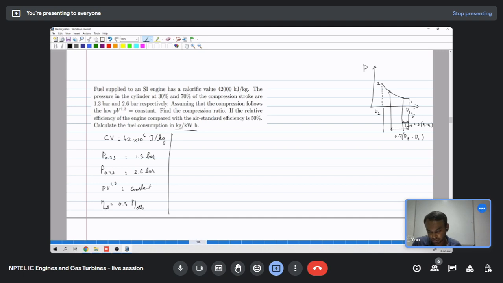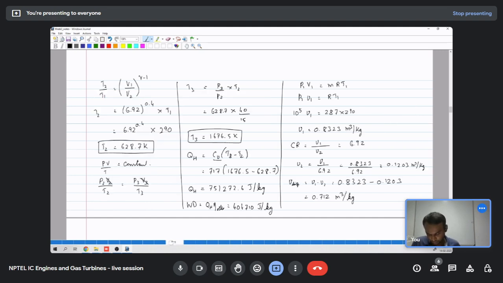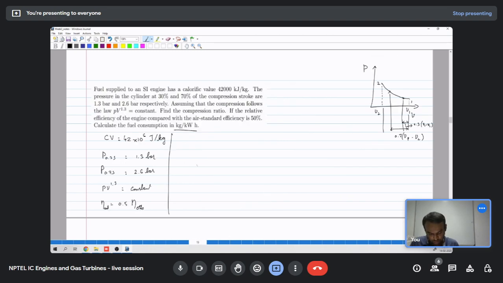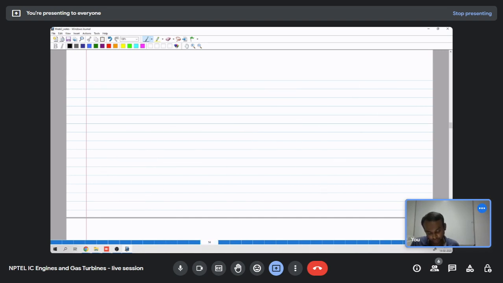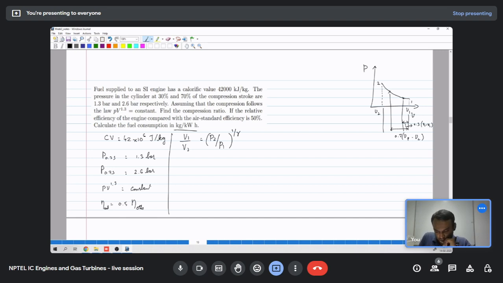Was the initial pressure given? No. So we have V1 by V2 equal to (P2 by P1) power 1 by gamma.